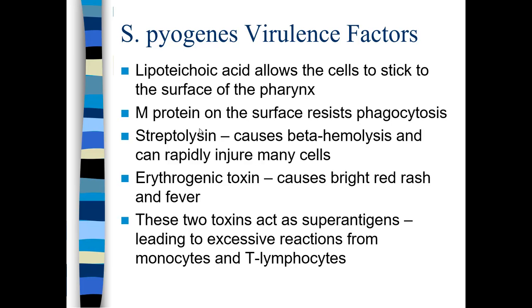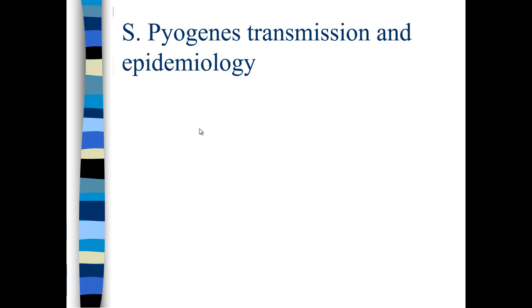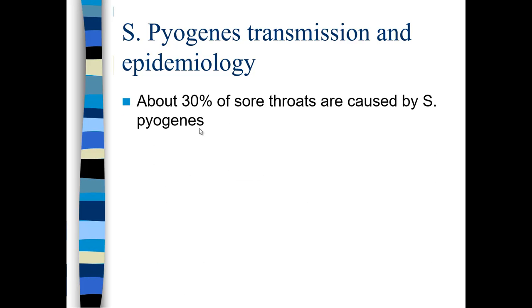And streptolysin and erythrogenic toxin can lead to what's called a cytokine storm. They can act as superantigens, and so you get T lymphocyte reactions as well as monocyte reactions, and the reaction itself, the inflammatory response, does more damage than the pathogen. Okay, in terms of transmission, it's about 30% of all sore throats.